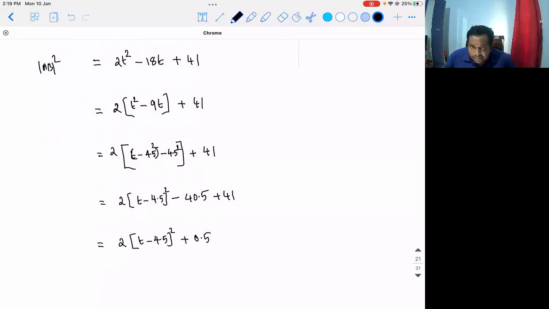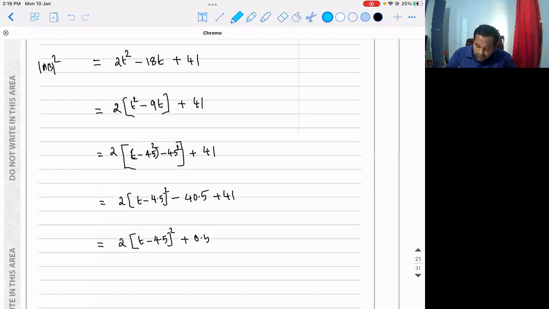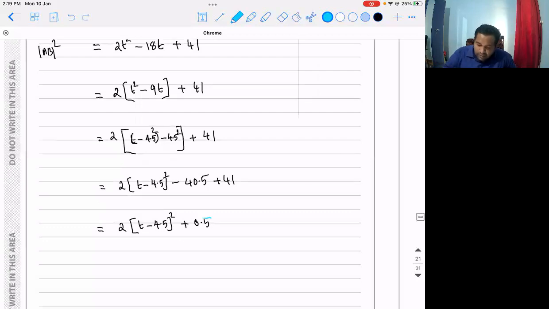So we got an idea. If I'm plotting the graph of AB square, the AB square value is taking a minimum value of 0.5, right? Because here this is actually the expression for AB square, right, my dear students?